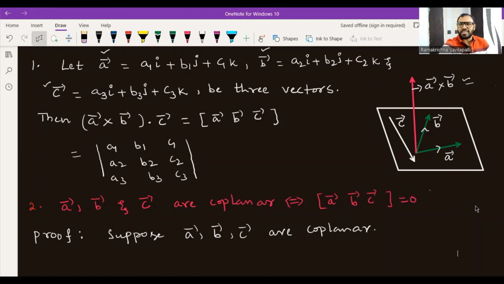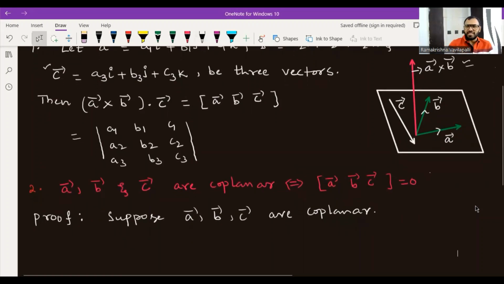Very easy to understand this concept. That diagram explains everything. Suppose these are coplanar. Then this implies that A bar cross B bar is perpendicular to C bar.